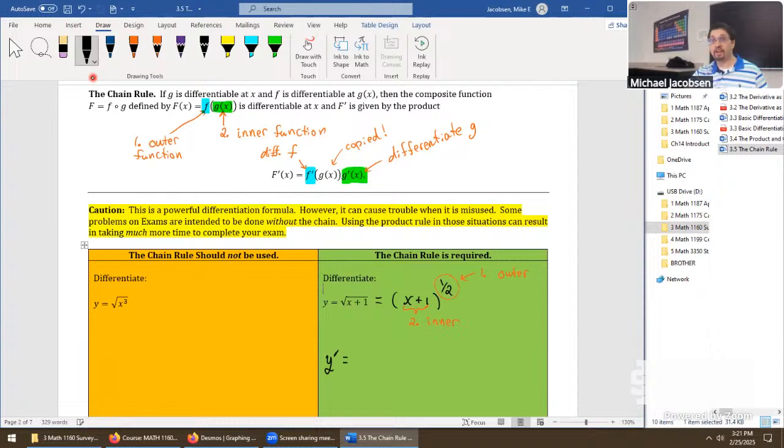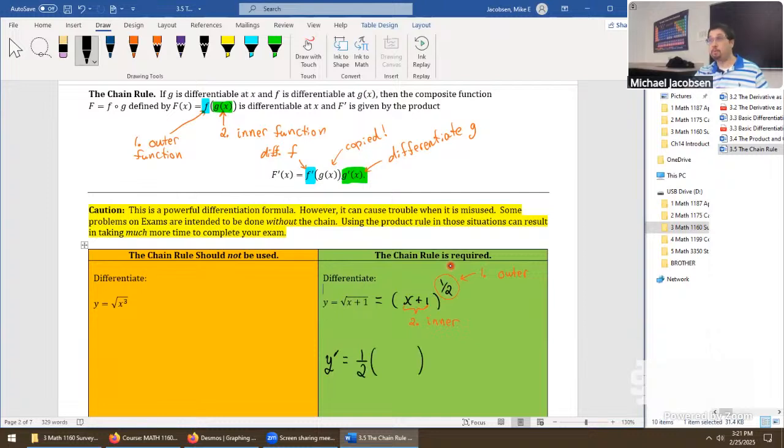I'll call this one just ordinary y prime. And next, follow the order here. When we indicate something as an outer function, we put 1 next to outer to say that gets differentiated first. Reading left to right, that's where the derivative occurs. And over here, if you differentiate that one first, you're just doing the ordinary power rule. This is what it looks like. 1/2.